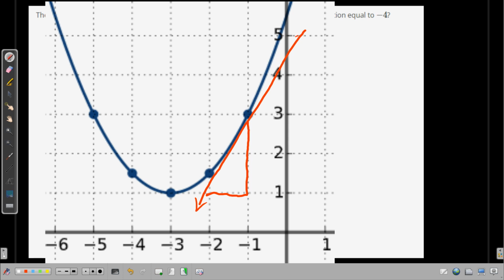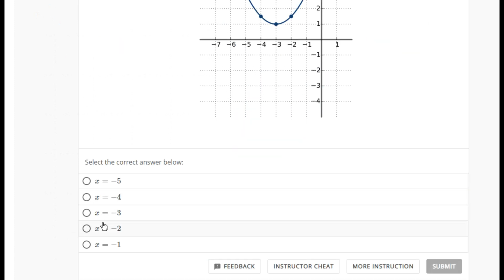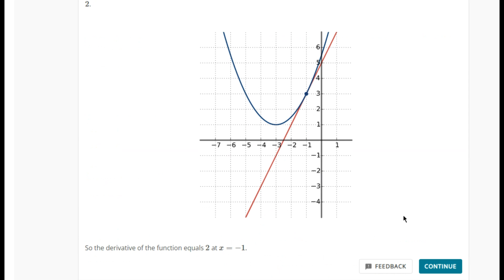So this tangent line has a slope of 2, and so the answer is when x is minus 1. And it even draws a nice picture for us there.